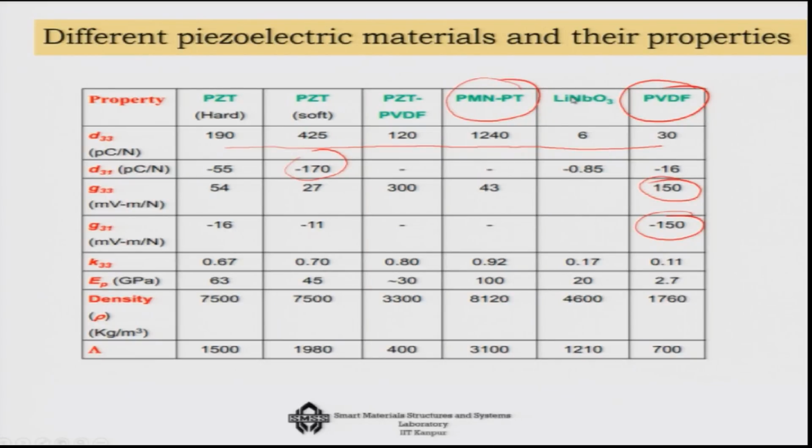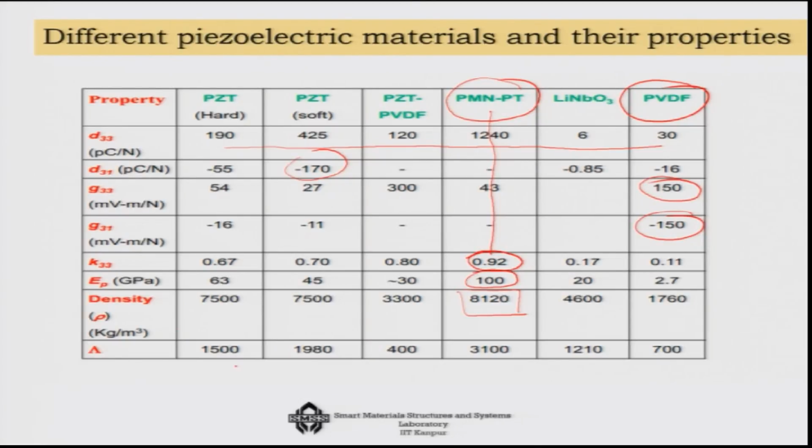And you can also see that from the coupling constant point of view, PMN-PT, which shows the largest piezoelectric effect, actually has the largest coupling coefficient. From the modulus of elasticity point of view also it is true, but however, it is denser, and also very brittle, so it is not very easy to use. Free strain is once again similar to the larger value of d33 or d31.